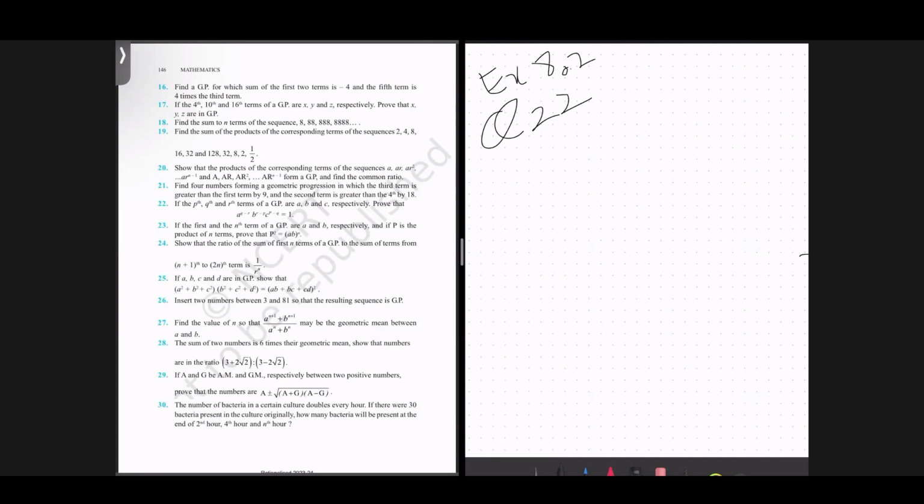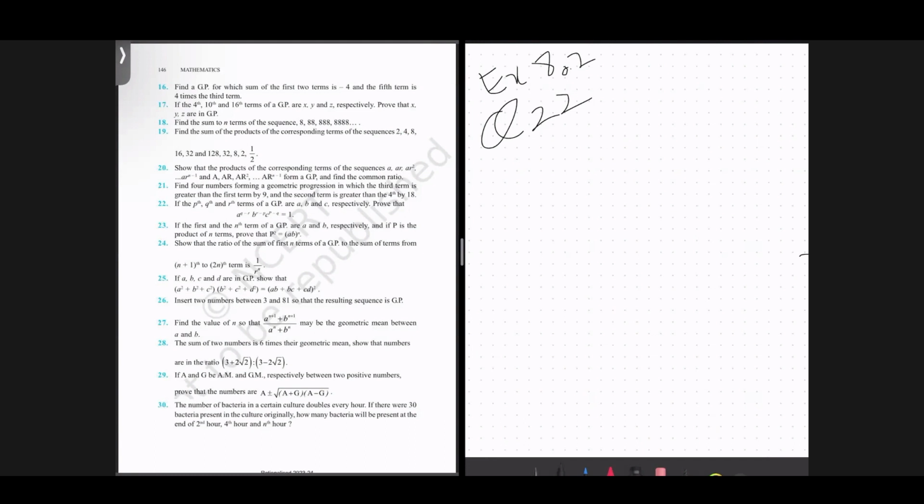So we need to first assume the pth, qth, and rth terms of the GP as a, b, and c, and then prove that these terms raised to the powers q minus r and so on equate to 1. I've just substituted the values of a, b, c and p, q, r in the LHS of the proof, and that is how I'm going to arrive at the RHS.